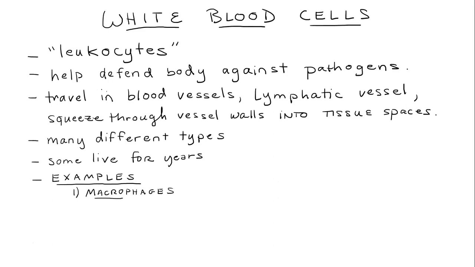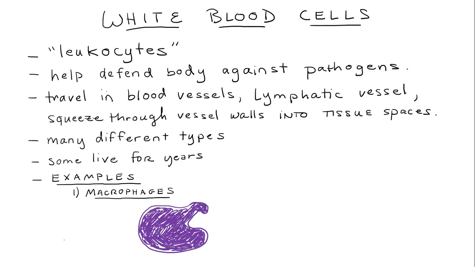I'm going to draw a picture of one. And macro means large, and phage means it carries out phagocytosis. Remember, cell eating. So these are cells that protect our bodies by eating pathogens. And remember that process of endocytosis, engulfing a solid particle, is called phagocytosis.